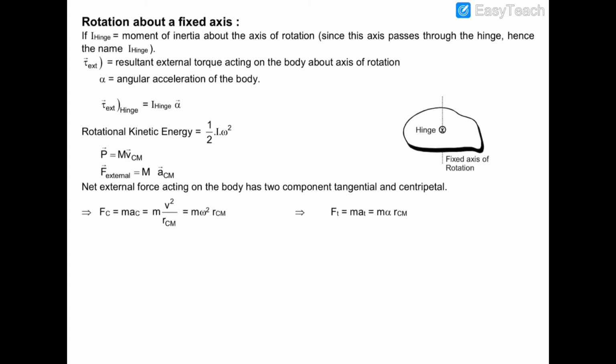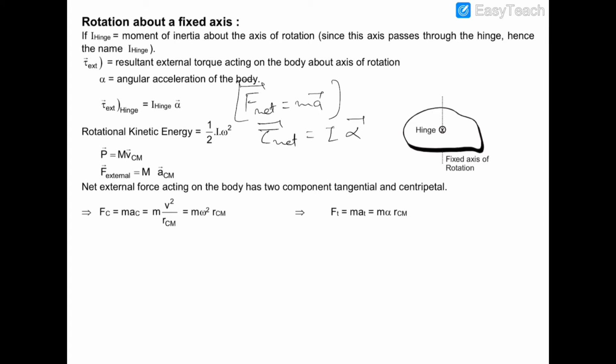In the same way in which we write F net is equal to ma, we can write tau net is equal to I alpha, where tau is the replacement of force, I moment of inertia is the replacement of mass, and alpha is the replacement of acceleration.